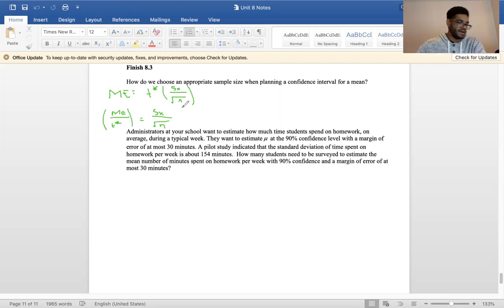And if I try to isolate n, the thing is that your t distribution is based on n, and we're going to look at this chart together in class. The only issue is, even when I multiply by root n on both sides and move everything around, what you're going to end up having is n equals sx squared, if I squared everything, divided by ME over t critical, squared.